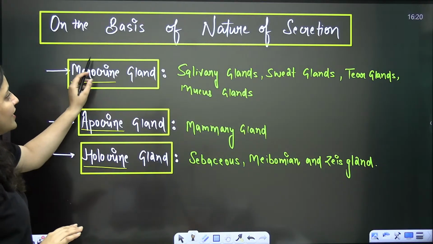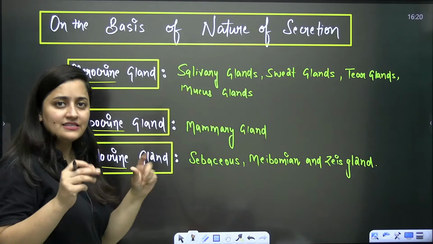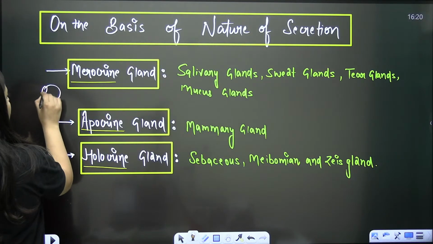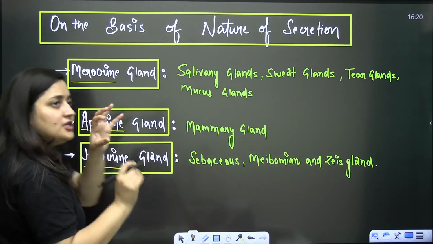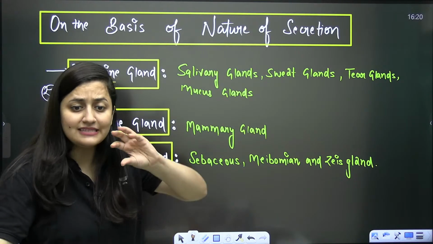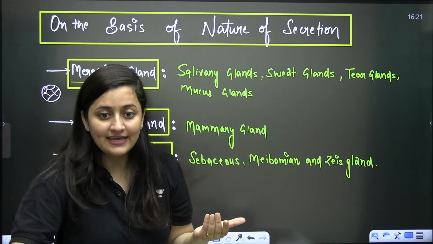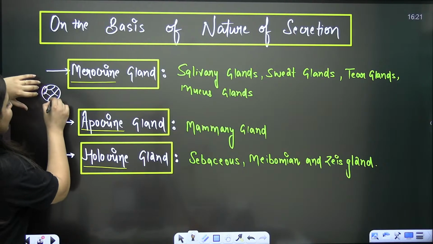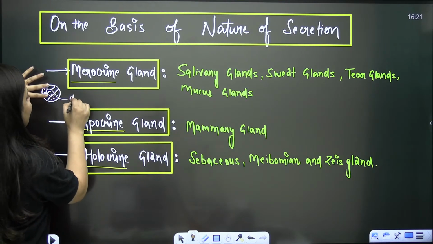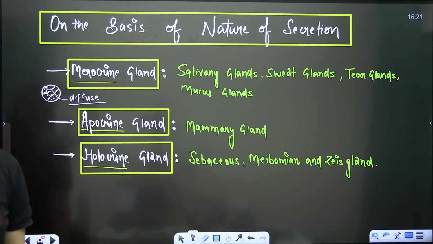Now, when you are talking about the merocrine gland, what is going to happen? Let's say you have a gland. This gland is going to secrete some chemical substances.